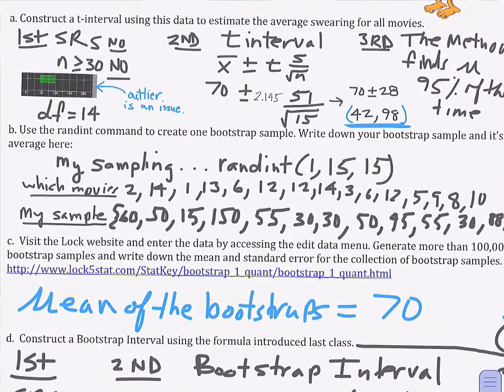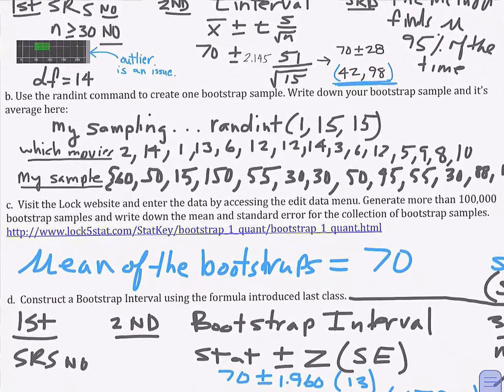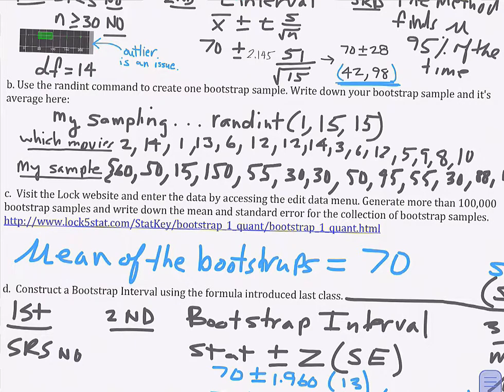Okay, for question B, use the random integer command to create one bootstrap sample. So what I did was I pressed the math button on my calculator and chose random int, and asked the calculator to give me a random number between 1 and 15 and give me 15 of those. A bootstrap sample has the same size as the original sample. So when I pressed that, it told me that these were the movies that were in my sample.